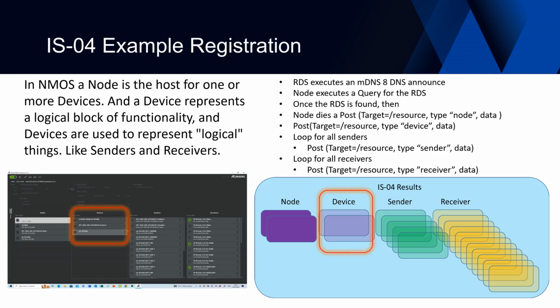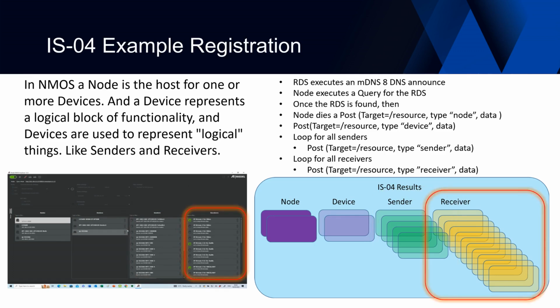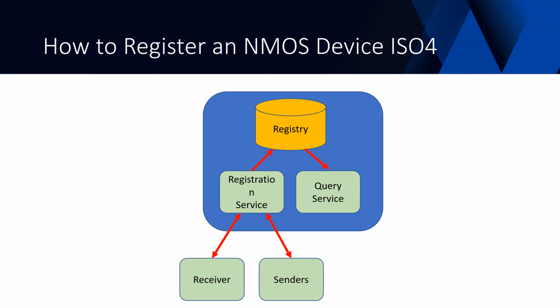It's a sweet little piece of free software that really helps. So you've got the nodes that show up, you've got the devices that show up, and then the senders or the receivers that happen to be in those devices will all show up. So it's a really nice thing to be able to use.